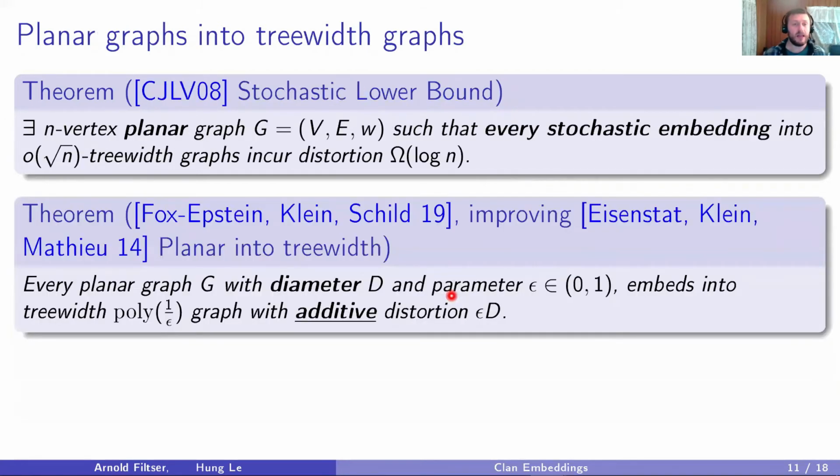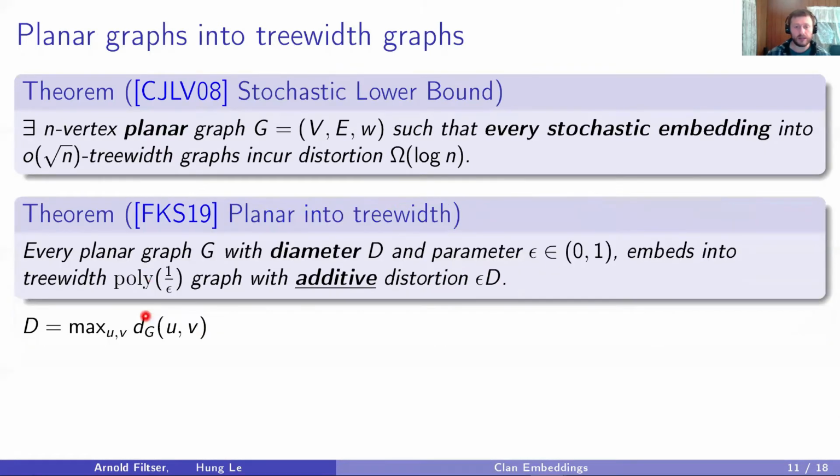But now, as Fox-Epstein, Klein, and Schild showed in previous results, one can construct a different type of embedding. Specifically, they show that for every planar graph G with diameter D, and for every parameter epsilon, one can embed this graph into a graph with Treewidth polynomial in 1 over epsilon with additive distortion epsilon D. So let's understand what's going on here.